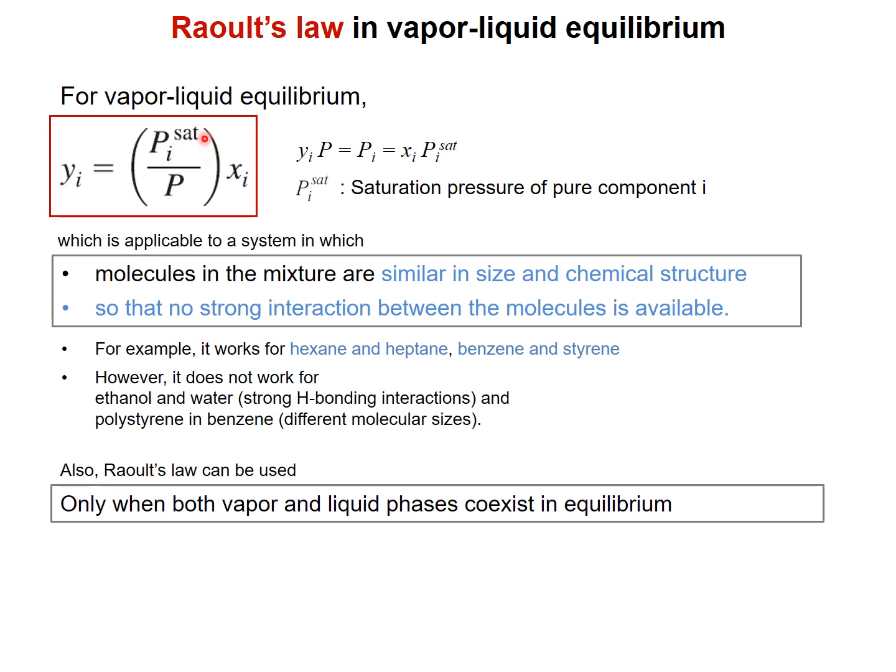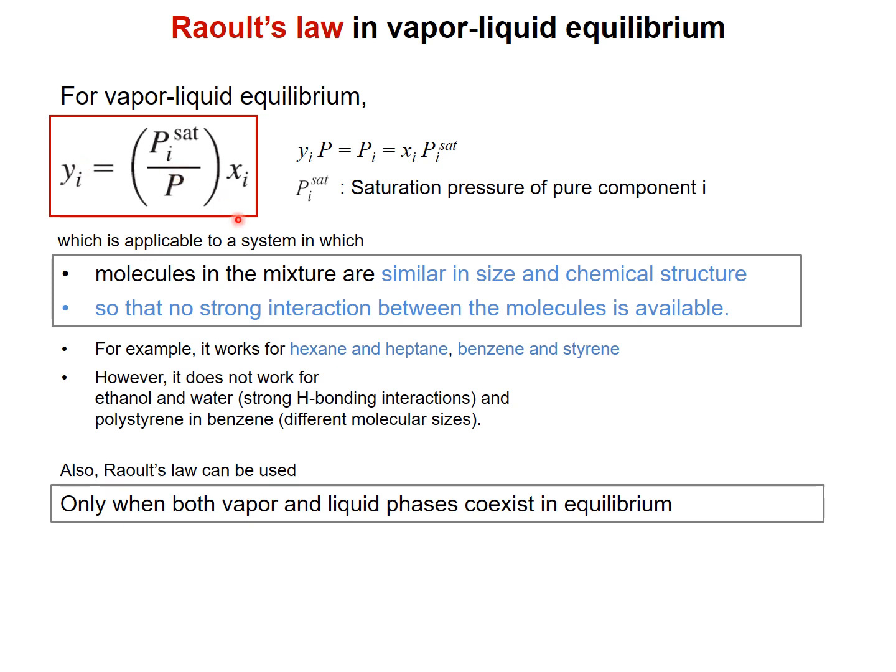Again, this P_i^sat is the saturation pressure of pure component i. This pressure can be calculated by the Antoine equation you have learned about before.